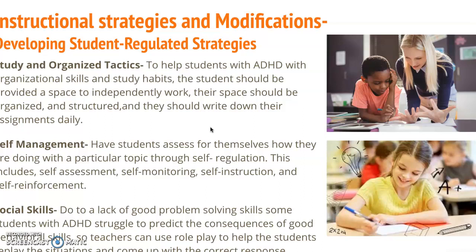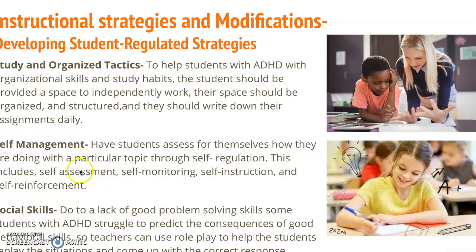The next one is self-management, and I want to bring attention to this last sentence here. This includes self-assessment, self-monitoring, self-instruction, and self-reinforcement. This is more of how the teacher can tell where the student with ADHD feels like they are on the topic. A lot of times teachers will give cues to remind students to fill out their self-evaluation without saying it in class. This goes back to group management, just the little cues.